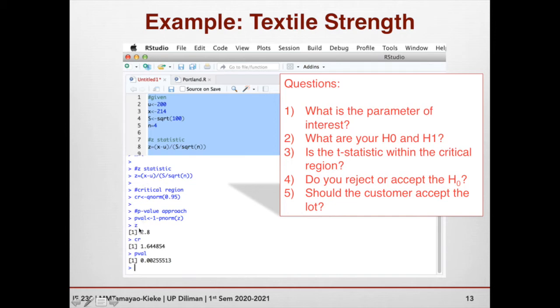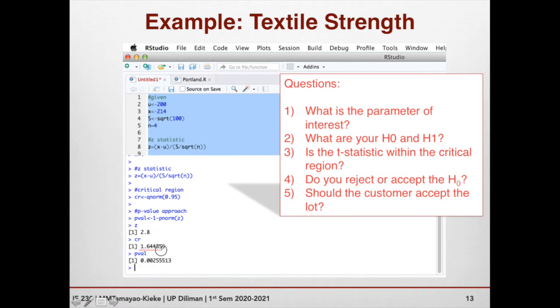Our z test statistic is 2.8. Our critical region is 1.644854. So our critical region is z naught greater than 1.644.